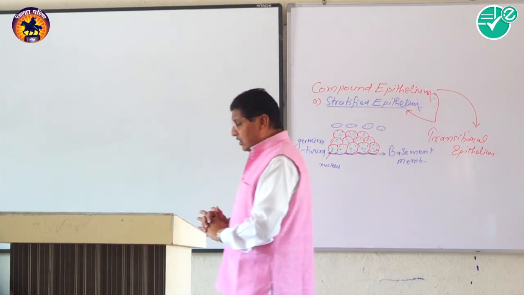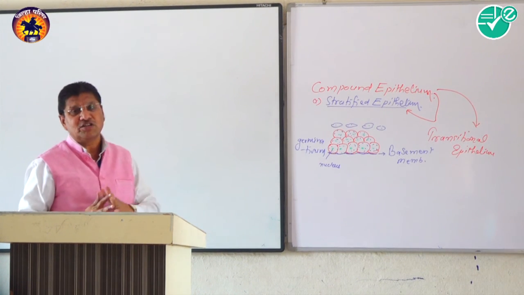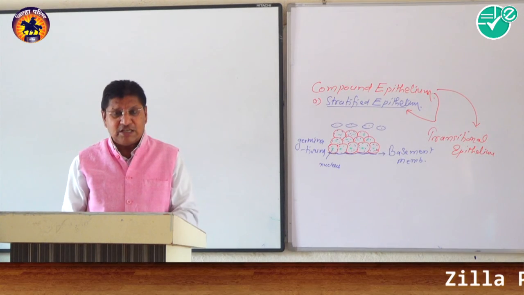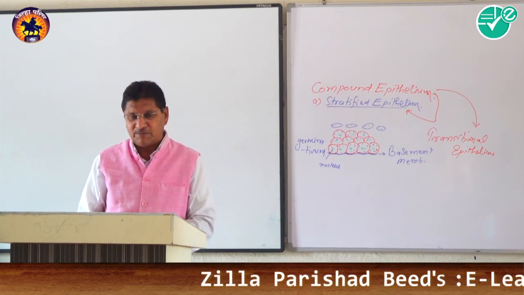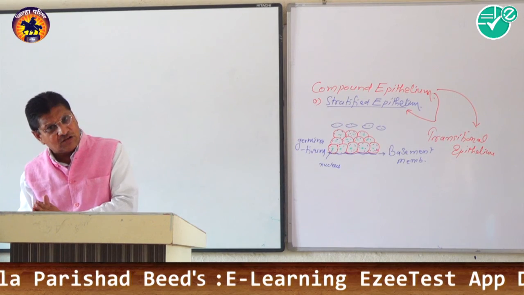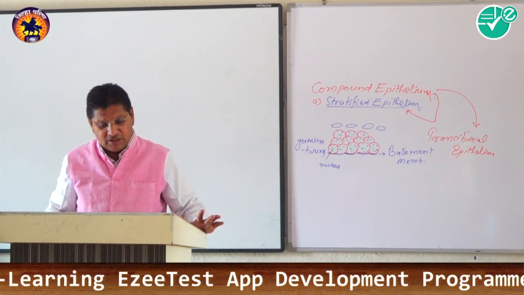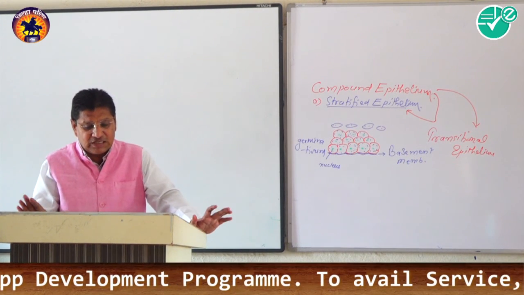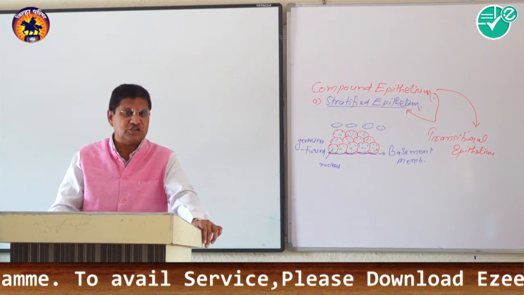Now, the next type of compound epithelium is the transitional epithelium. This transitional epithelium is the same in structure as the stratified epithelium. But in the case of the transitional epithelium, the cells can change their shape and structure depending on the degree of stretch.